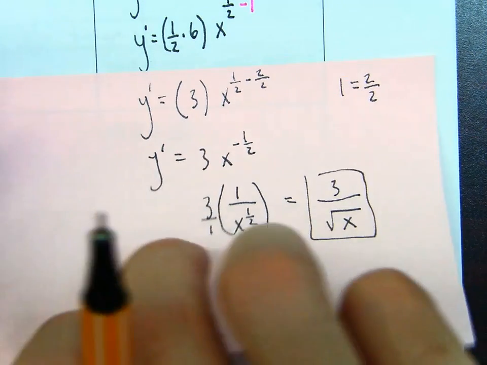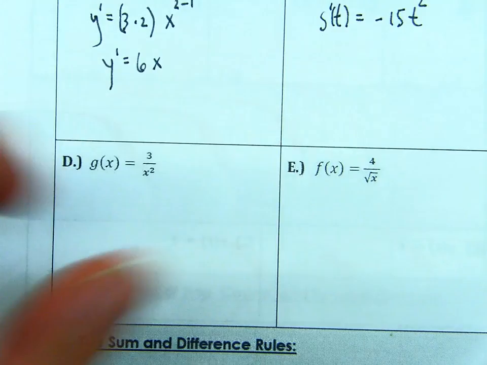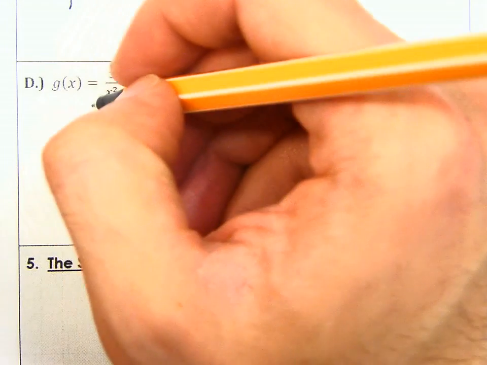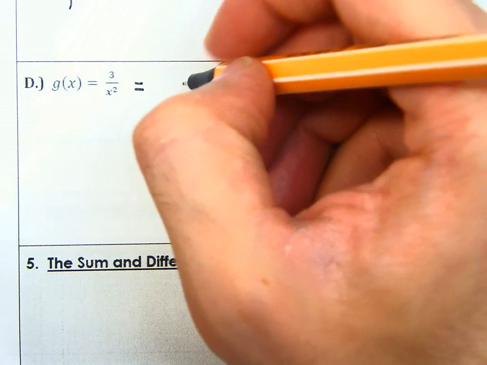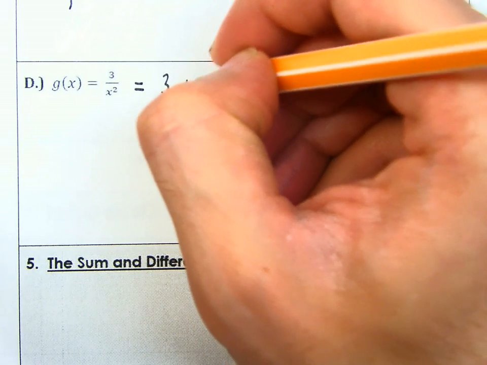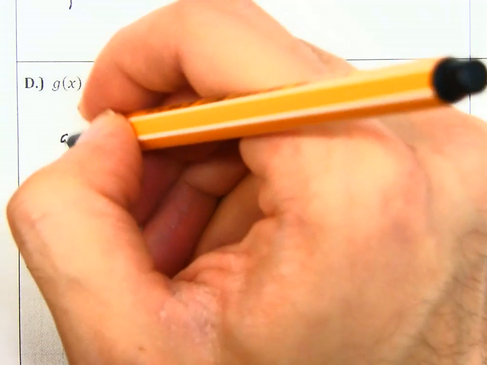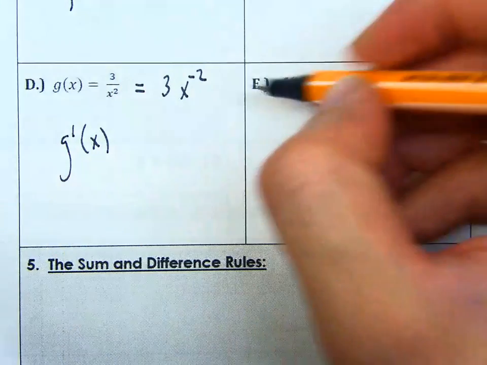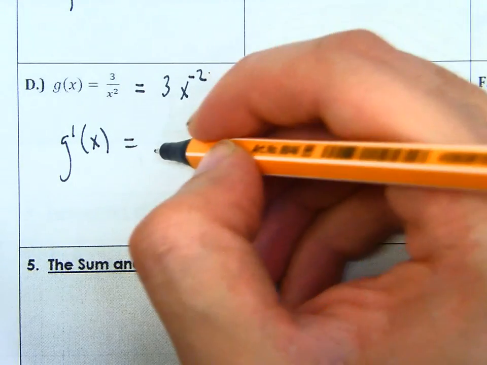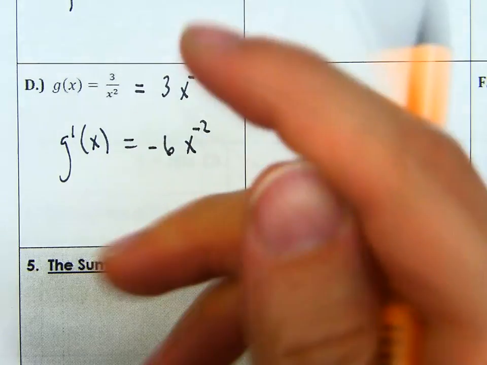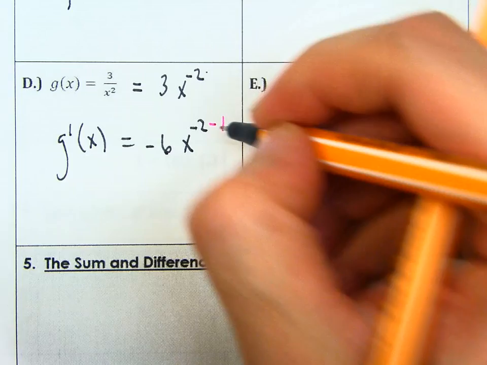All right, let's try the next one. Here, 3 over x squared. Notice that this is also equal to 3 times x to the negative 2. Then g prime of x is equal to negative 6 x to the negative 2, and then you have to do minus 1.